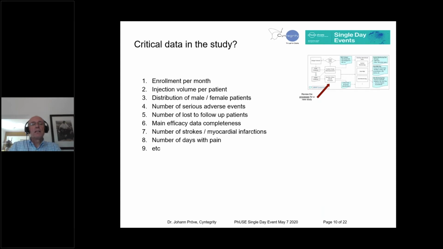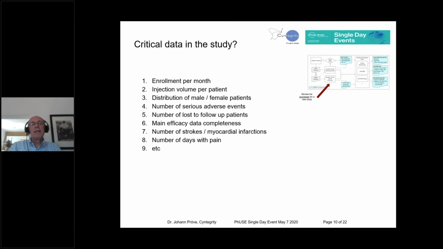So there are data in the study like enrollment per month that are of interest, or number of serious adverse events. And we heard from the other two presentations that you frequently see different processes and different data from the different sites, because the standard of care in France may be different compared to Canada, the United States, or Germany.